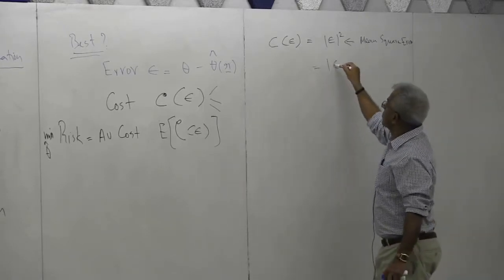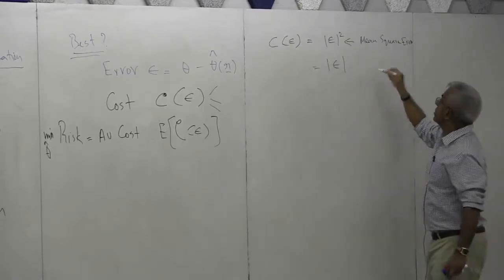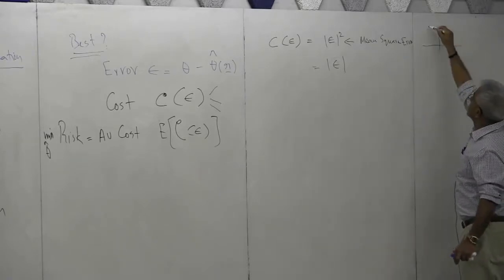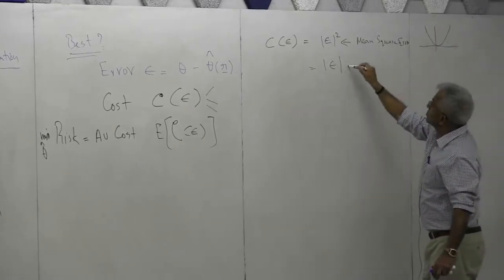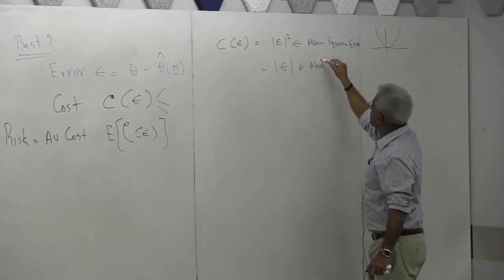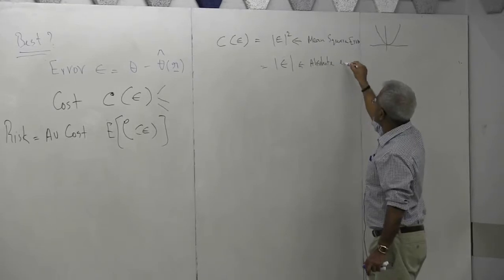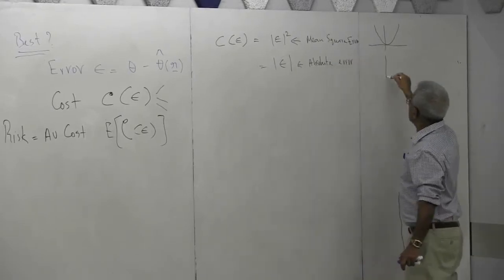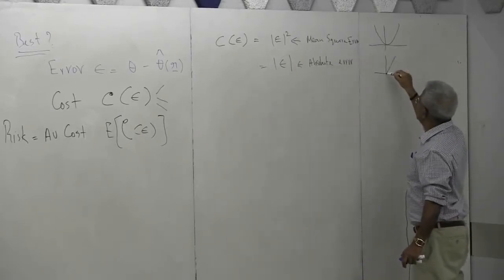Or you could also think of minimizing this. If you draw a graph, this will look like this, right? So this is the absolute value of the error. So that will be this cost function.